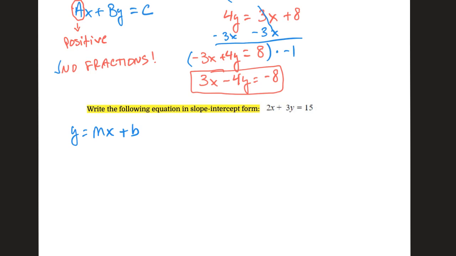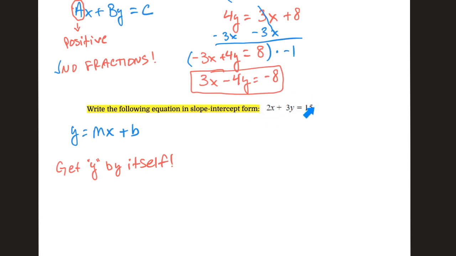The only thing we want to make sure of is our goal, which is to get y by itself. Let's write that down: get y by itself. Boom, that's our goal.